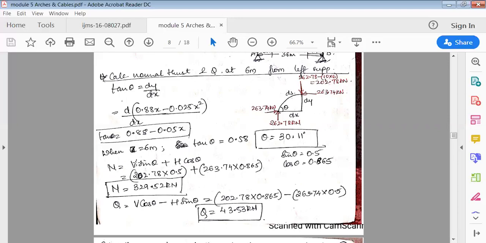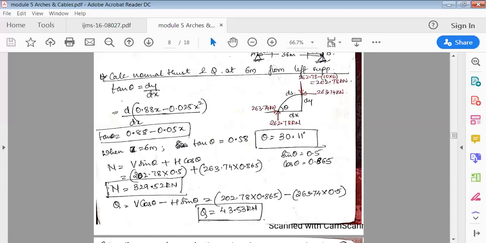So substitute the value of V. Now see here, V is nothing but this portion. You have to deduct a portion because that is the actual vertical force which is acting now after deducting the UDL portion. So this is V now. V into its sine theta and cos theta, you can solve and keep it here. Substitute the value, and H is nothing but the horizontal force. Keep it here. Then you'll get the normal reaction, normal thrust.